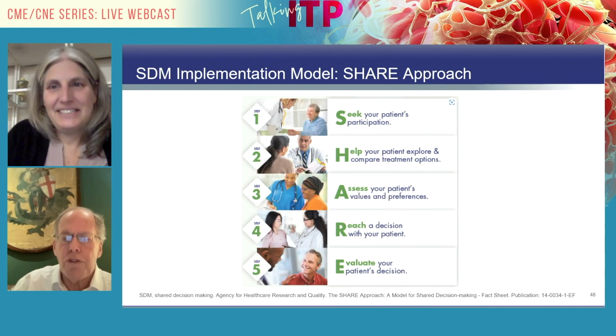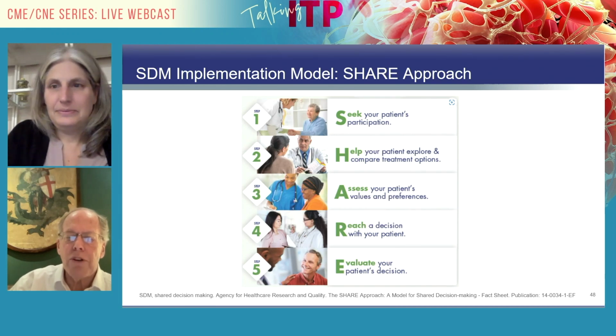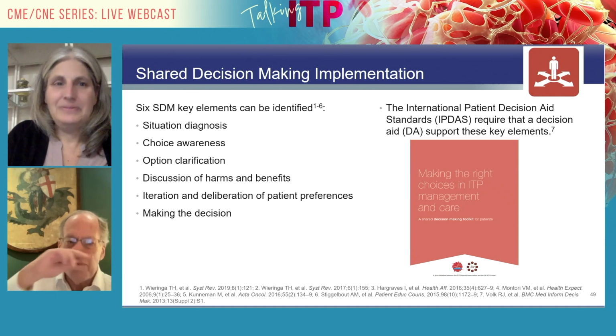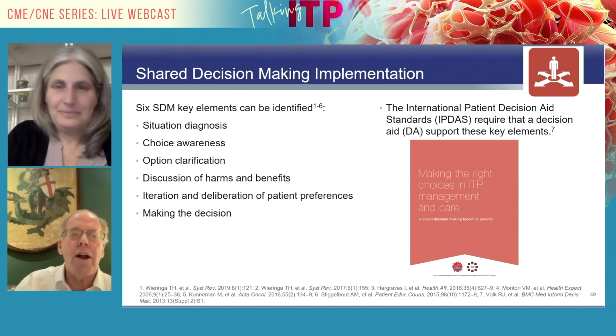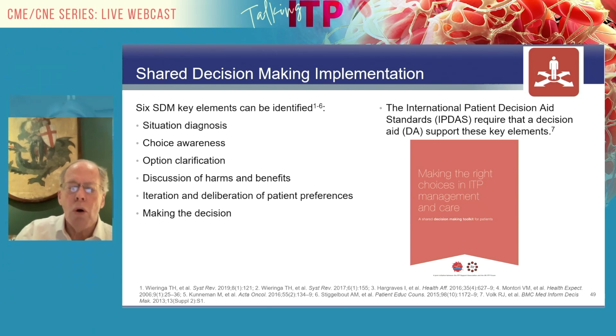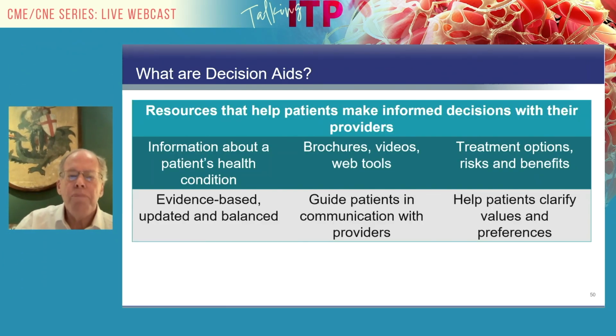Seek your patient's participation, help them explore and compare, assess values and preferences, reach a decision, and evaluate your patient's decision. And all I can say is if you ask them enough questions, you'll be amazed at all the answers you get. We've discussed a lot of the key elements, and this is almost generic for any shared decision-making.